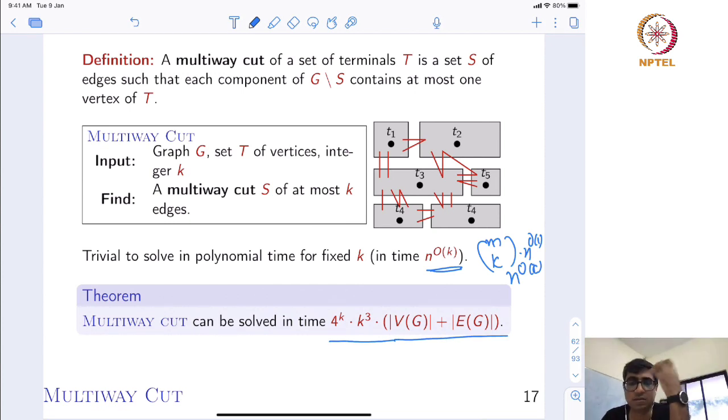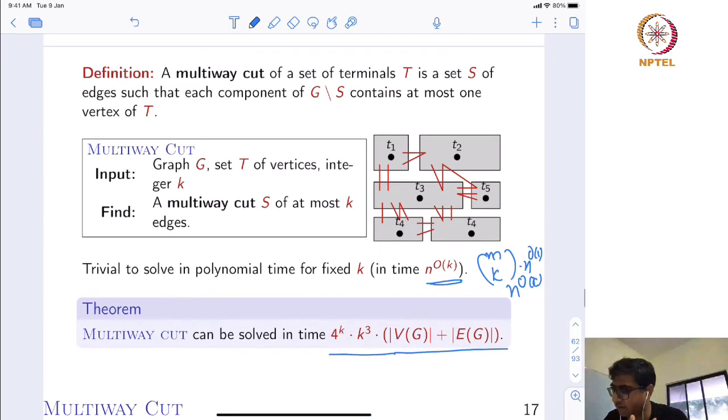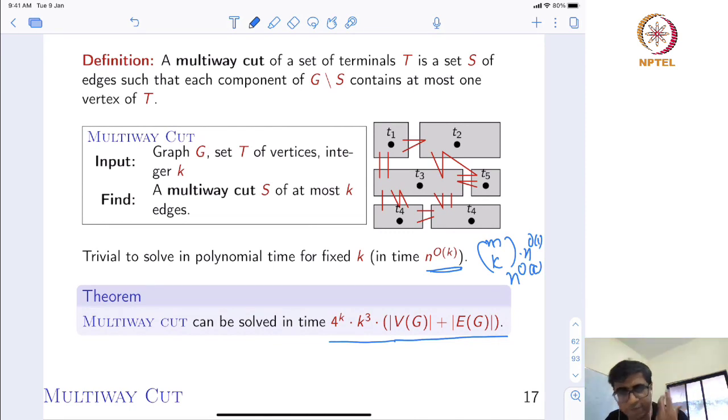We will start with an algorithm which has a slightly weaker running time, analyze it more easily, and then refine our analysis to achieve this running time. I hope this is clear. You can pause for a few seconds at this point to go over these definitions properly and then move into the algorithm.